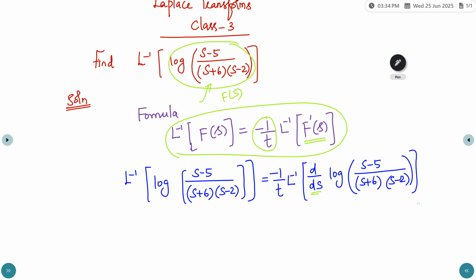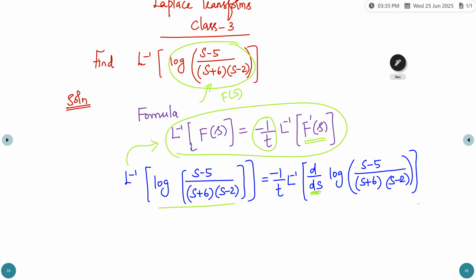Now come to the problem. This is our given problem, and this formula is applicable to it. Using this formula, I am writing minus 1 by t outside of the inverse Laplace transform. So, L inverse of this f dash of s can be rewritten as d by ds of our given function, log of (s minus 5) divided by (s plus 6) into (s minus 2).